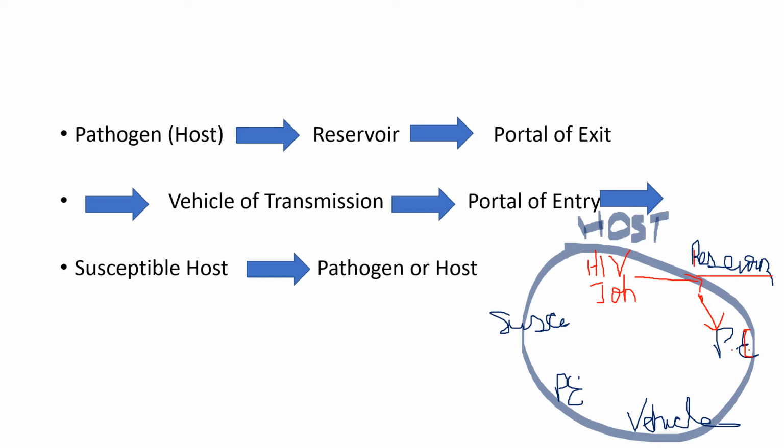So John's skin is not intact and it's bleeding. So that dressing, the portal of exit would be like the left thigh. If that wound was on the left thigh, the portal of exit would be the left thigh. All right, so trying to control my pen here. So that's portal of exit.